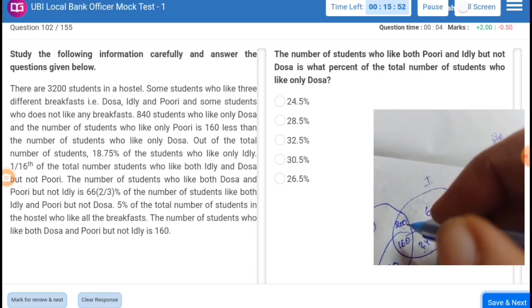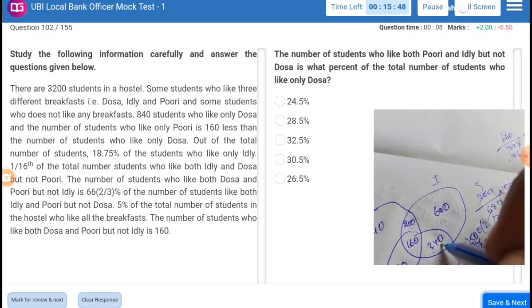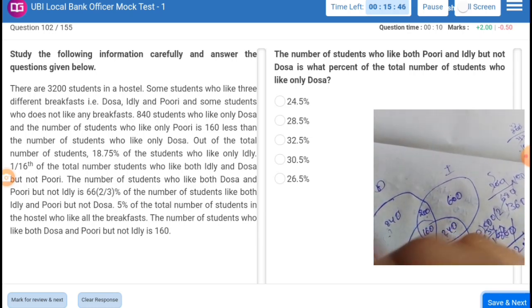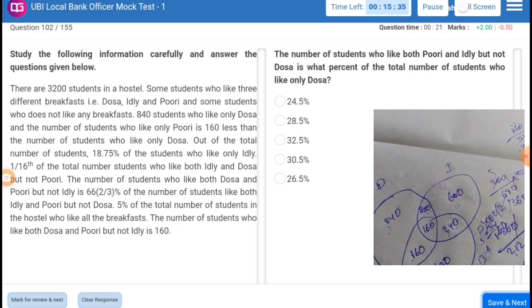The number of students who like both puri and idli but not dosa, only dosa: $28.